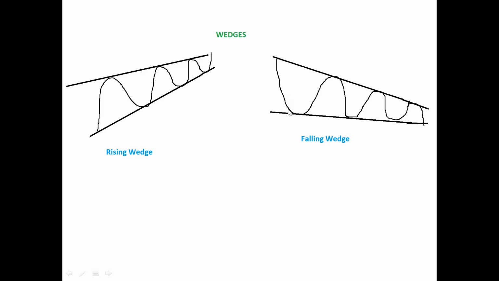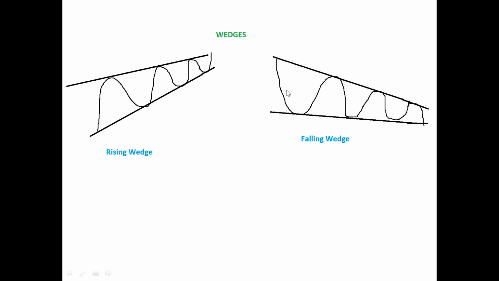So now the falling wedge. Again, the falling wedge is formed by two trend lines which are sloping downward. So you see both the trend lines are sloping to the downside. The lower trend line is called support and the upper trend line is called resistance.